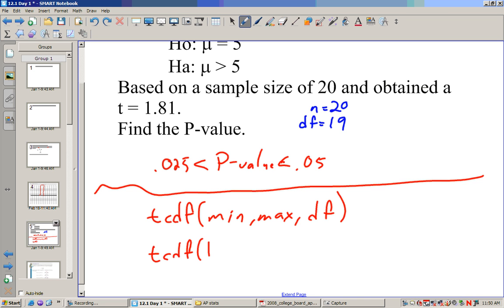We'll go from 1.81 to a very large number, which will be our max, representing infinity, and our degree of freedom is 19. So if I do it out, I get 0.043. So that was close to what I guessed. I guessed 0.04. 0.043 will be our p-value.